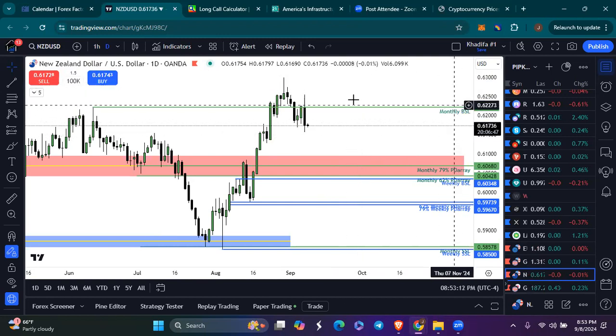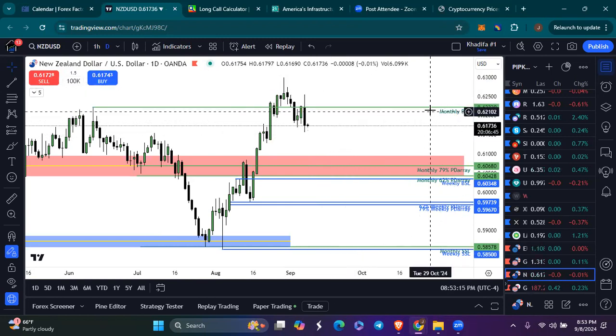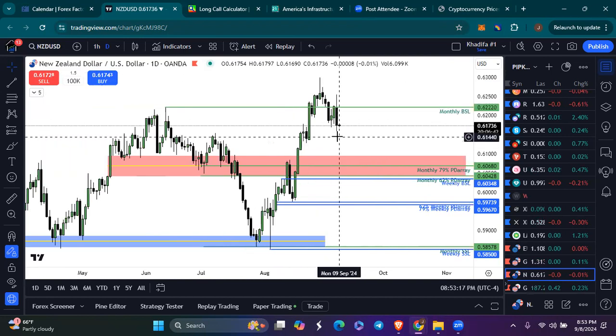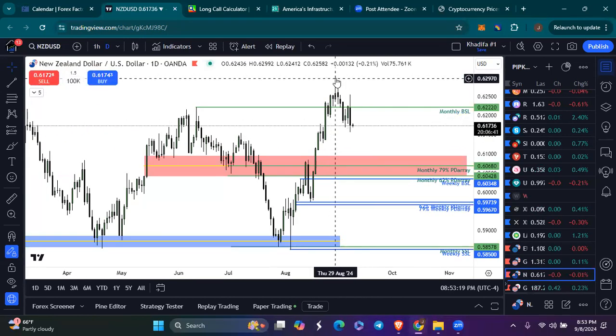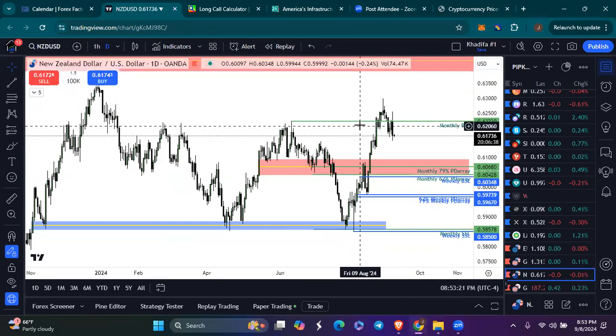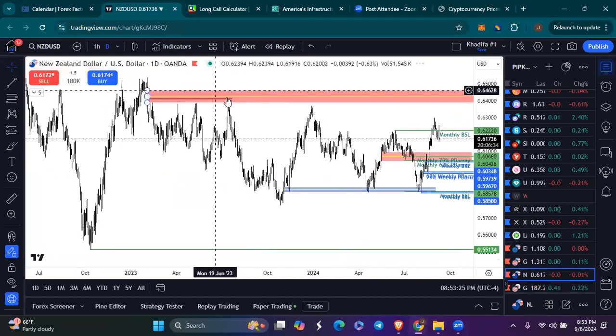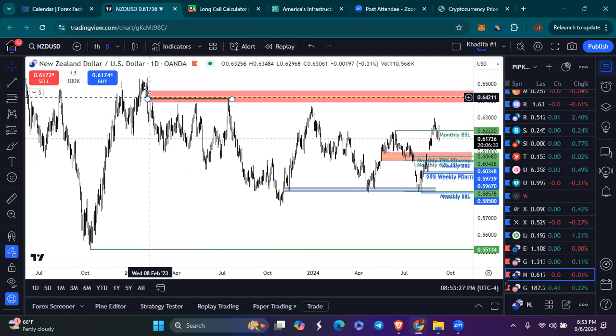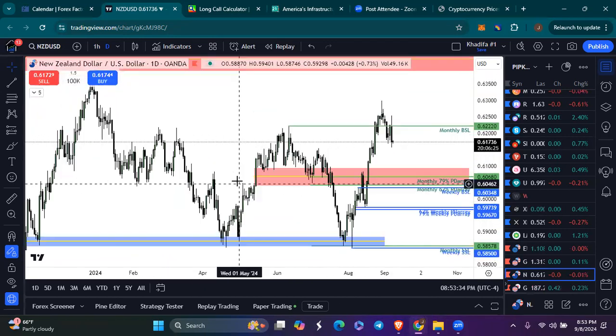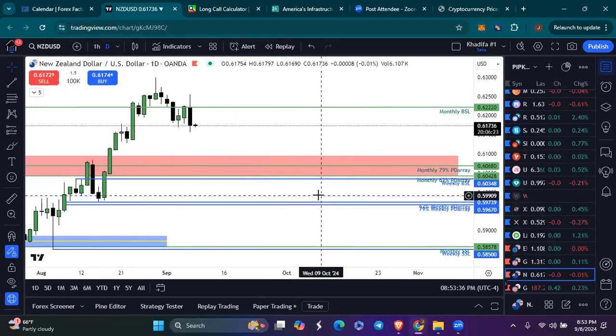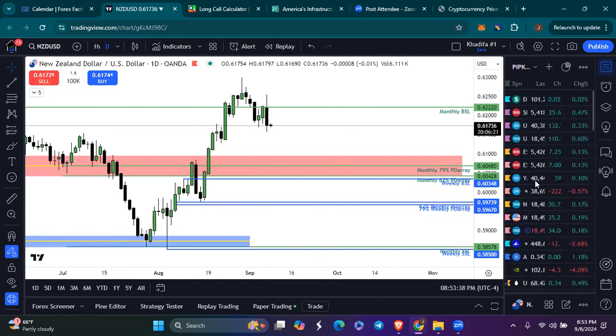I do want to see us get back above this monthly buy side liquidity and reach for this high up here and higher, next this swing high. I want to see us eventually get up into this fair value gap that's shaded in this pink rectangle right here.